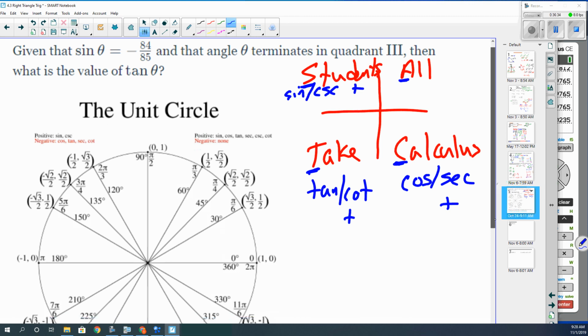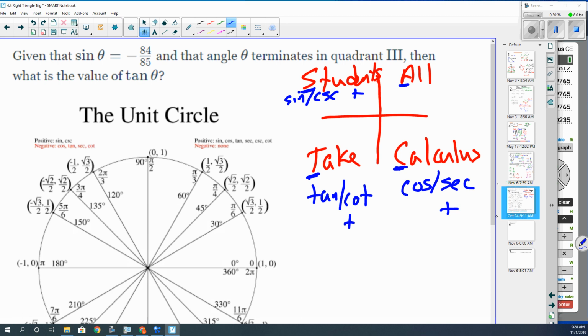Okay, so it says we're given that sine is negative 84/85 in the third quadrant. If I drew a triangle in the third quadrant, we always start at the origin, go down into the quadrant they mentioned, and then go straight up to the x-axis to make a 90-degree angle. The theta is always the angle formed at the origin.